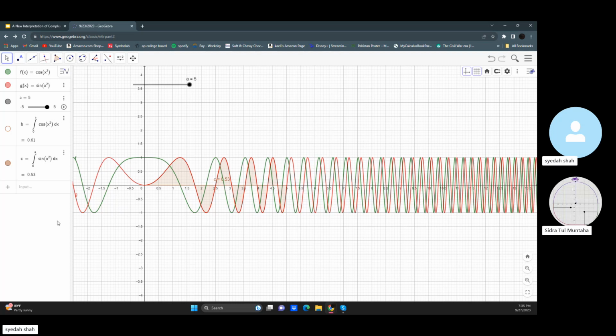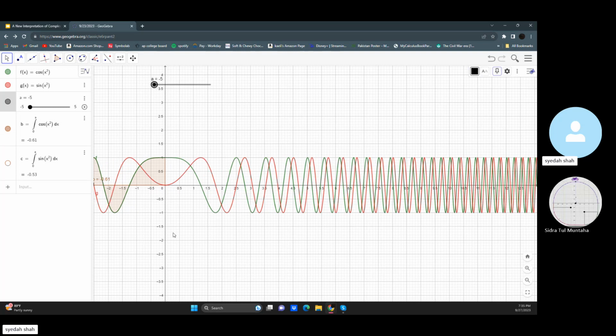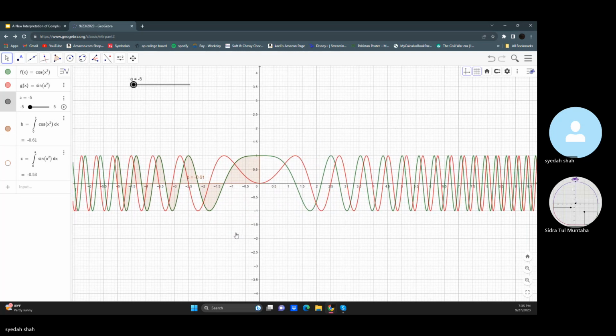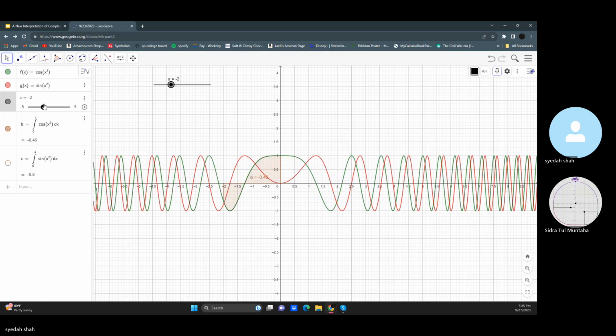Similarly, you can see the area for the other curve also.